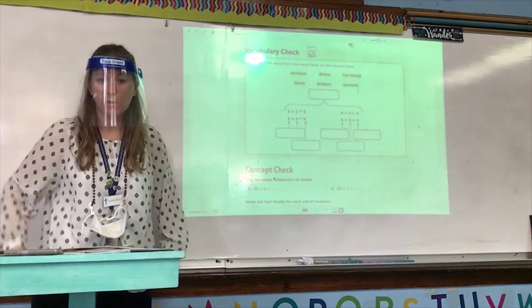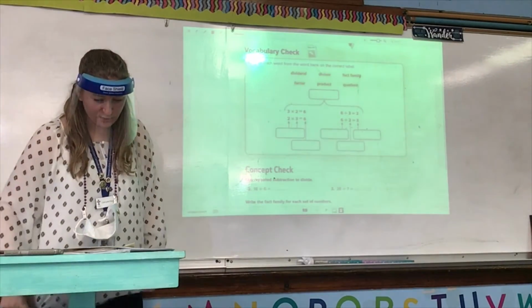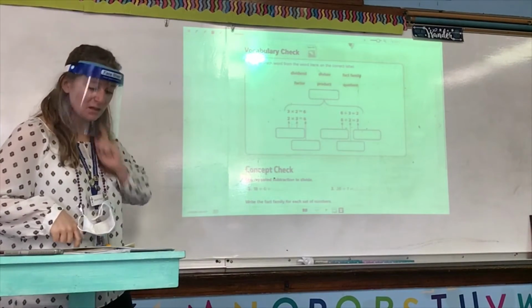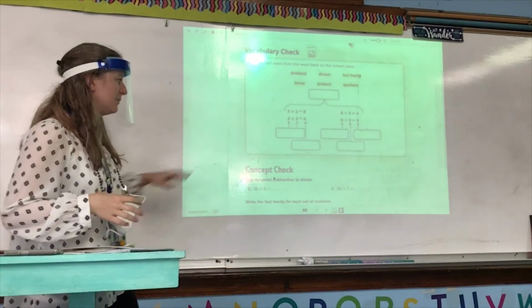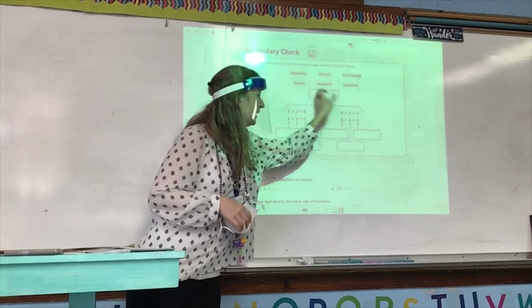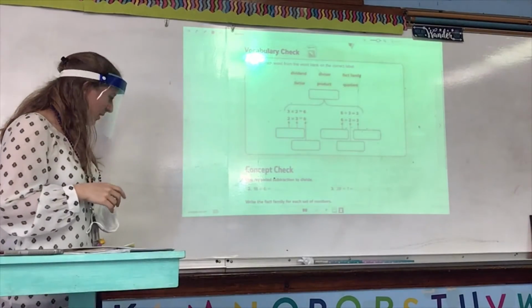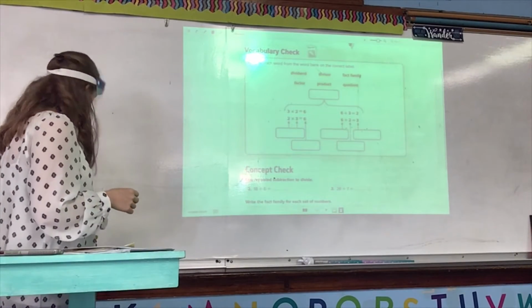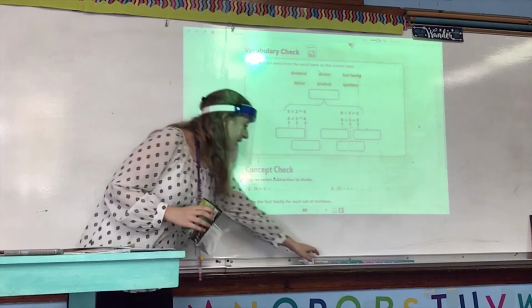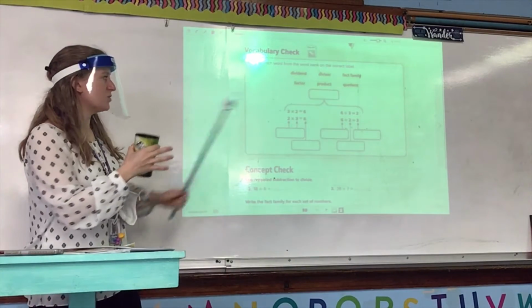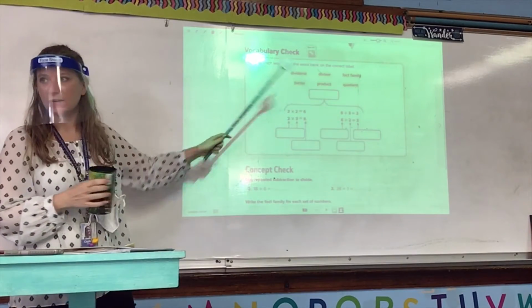Everybody look at number 1. Number 1 is our vocabulary check. You have to write each word from the word bank on the correct label. These are the labels. They're labeling parts of a problem or a whole problem or all the problems. Okay, Victoria, which word goes in this box right here?